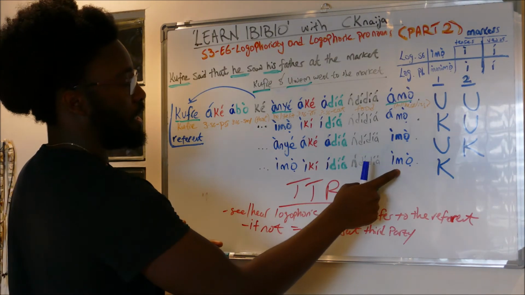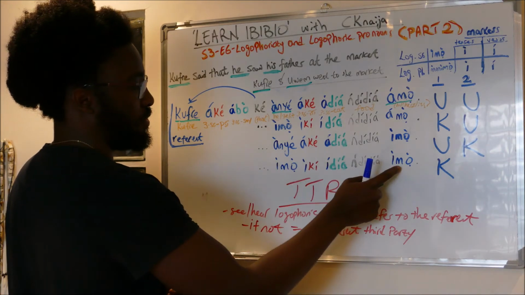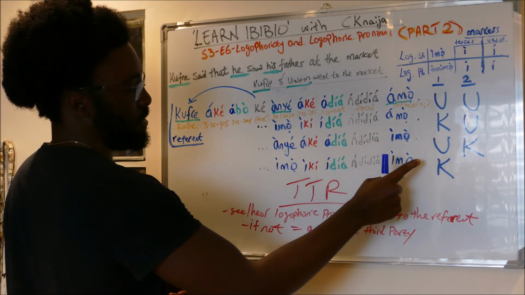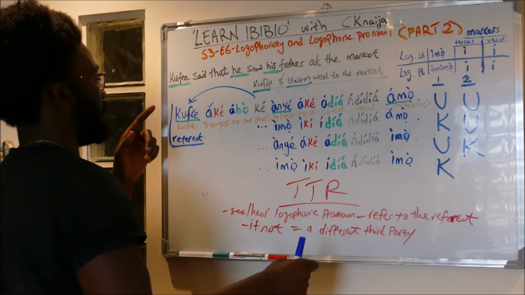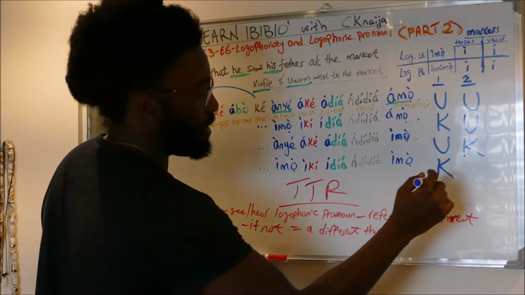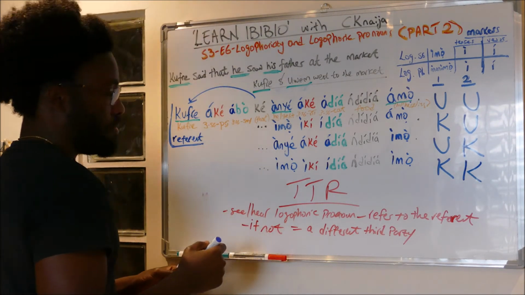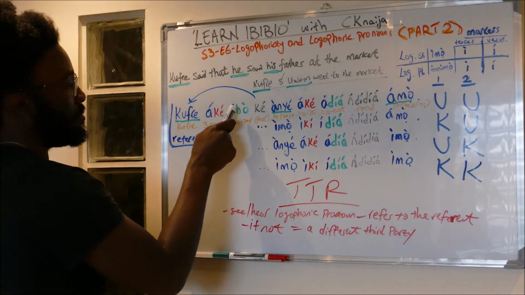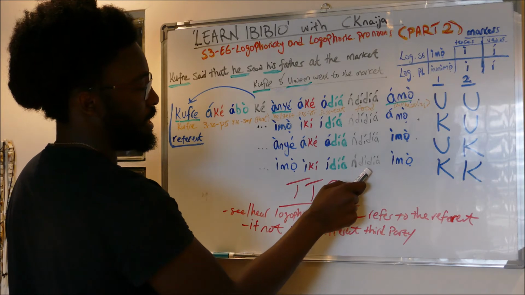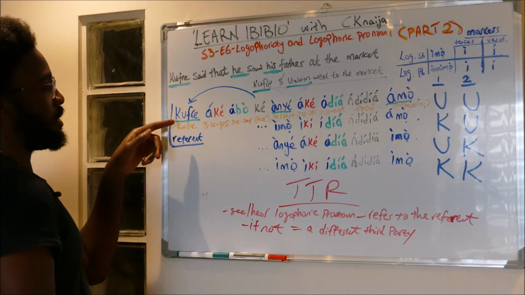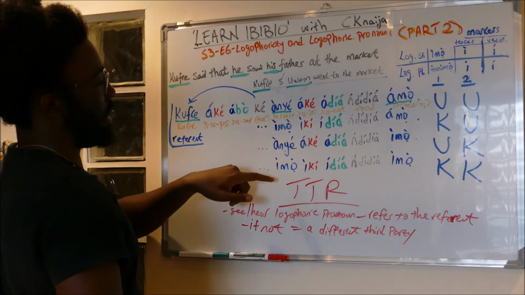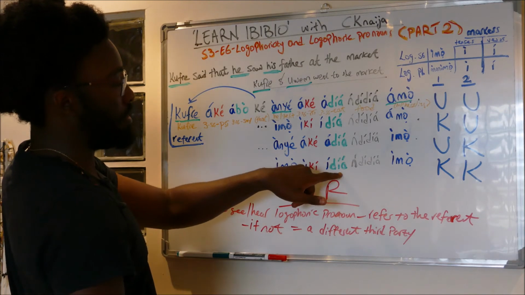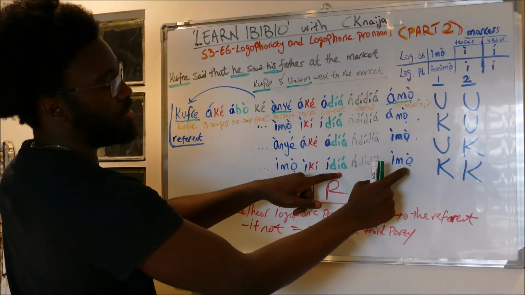Once we see any representation of logophoricity, we refer back to the referent, and the answer here is Kufre. Okay, so in this example, Kufre keboke imo ikidia ndidia imo. This basically means that Kufre said that he was the one that ate his own food.